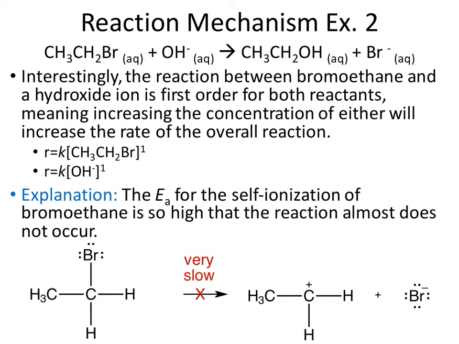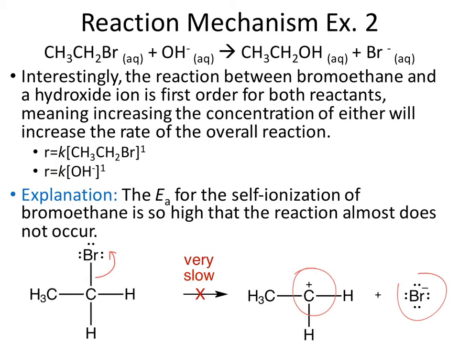When we look at this, both of these have an effect on the overall rate of the reaction, which means that this is probably not happening. Last time, we were looking at bromine autoionizing into the bromide ion and therefore creating a carbocation. That was a very, very slow reaction, which means that it would be the rate determining step, and that would also mean that OH would have no role.